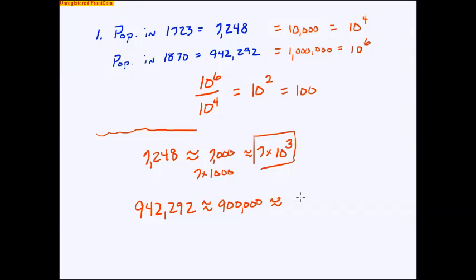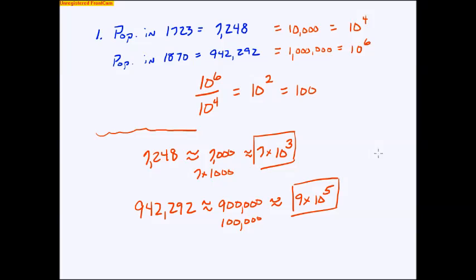If I wanted 100,000, there'd be 1, 2, 3, 4, 5 zeros. So 10 to the 5th would be 100,000. And if I multiply that by 9, that gives me 900,000. This is a much closer approximation than the 1 million.